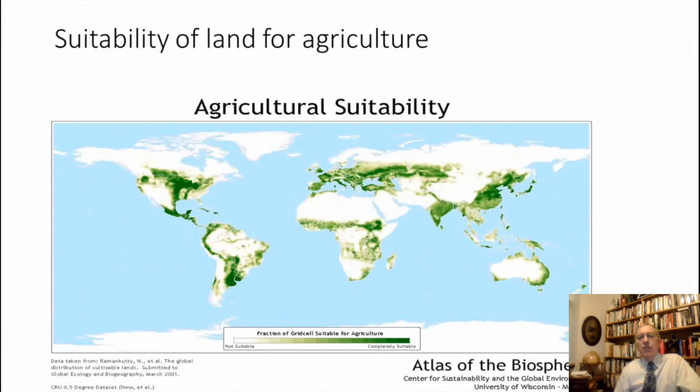So here's another map. I'm going to show you several of these, to make the point. This map is called agricultural suitability, and basically the areas in dark green show the areas that are good for some type of agriculture, or at least crops, because like in the United States, we have cattle grazing in much of this area.